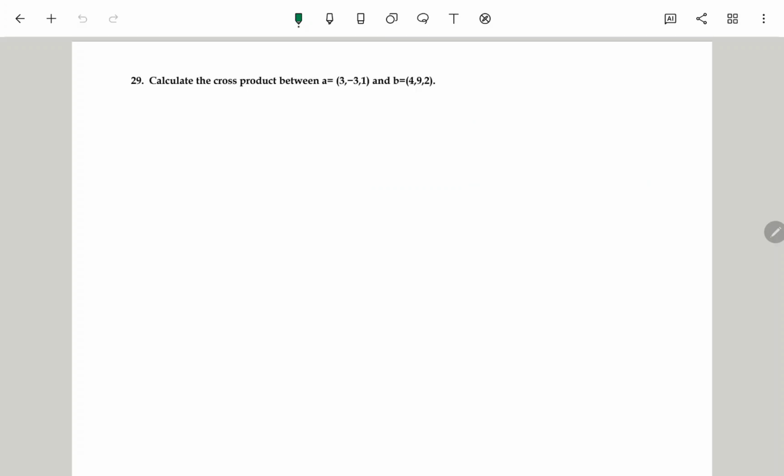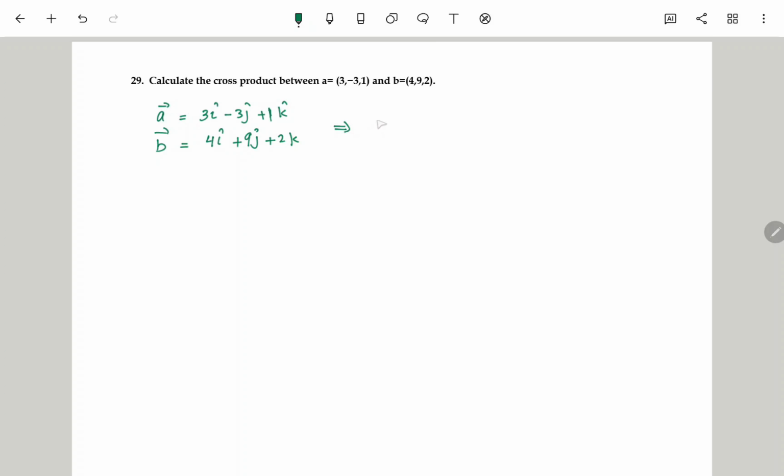Calculate the cross product between vector A and vector B. Now in this case, vector A equals 3i hat minus 3j hat plus 1k hat, and B equals 4i plus 9j plus 2k.